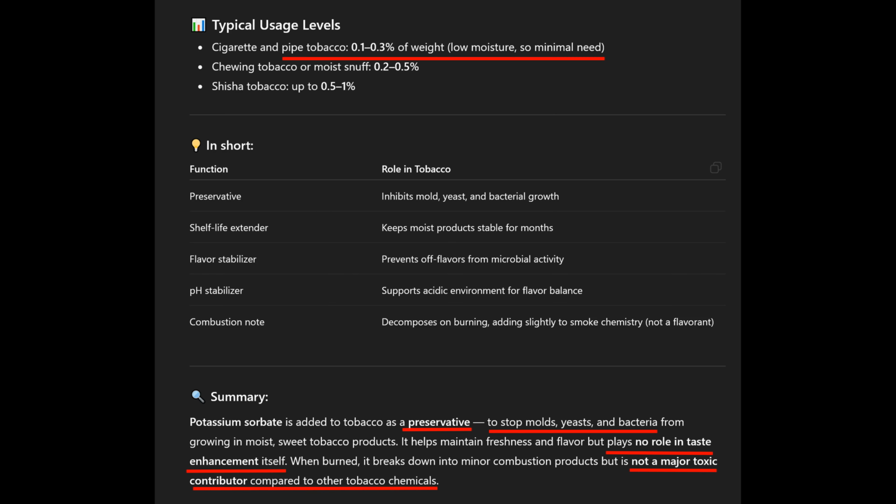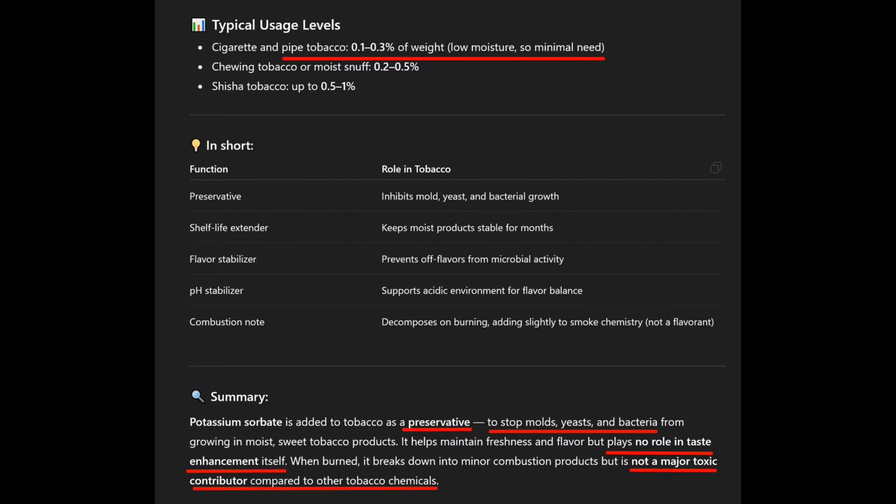Okay, next we have potassium sorbate, typical usage levels in pipe tobacco: 0.1 to 0.3% of weight, low moisture, so minimal need.